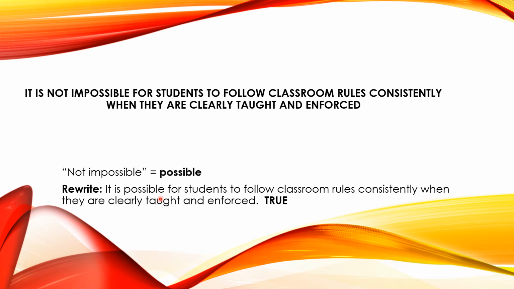So if I want to rewrite this statement, it is possible for students to follow classroom rules consistently when they are clearly taught and enforced. So basically everybody knows that this statement is true. But the confusing part is if you are not aware that not impossible becomes possible. So take note of that.